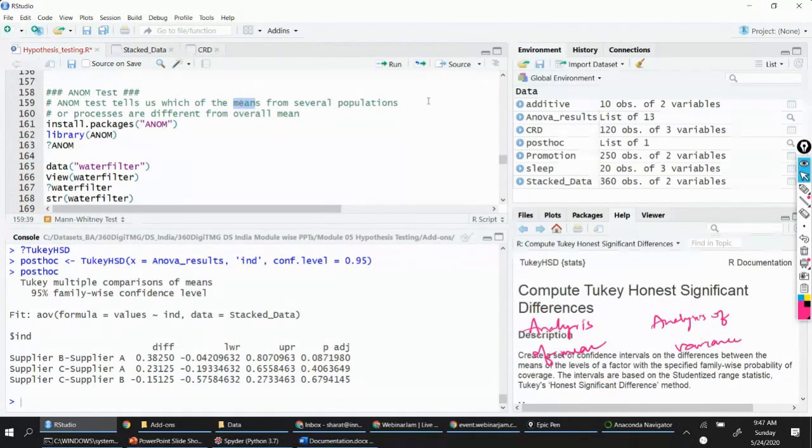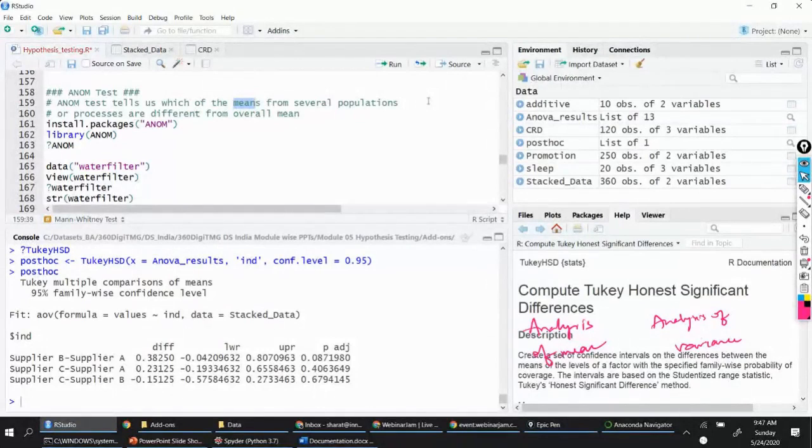Whereas in ANOVA, we can tell whether one of the means is different, but which one is different, we will not be able to tell unless we do a post-hoc test, Tukey test.